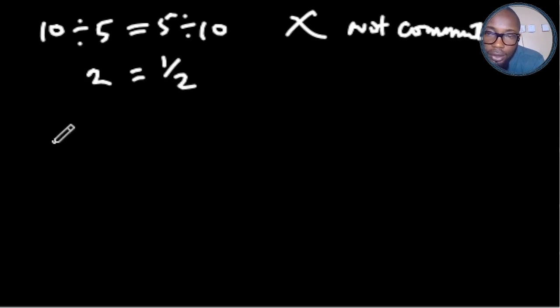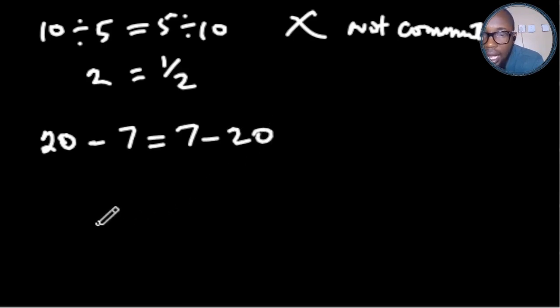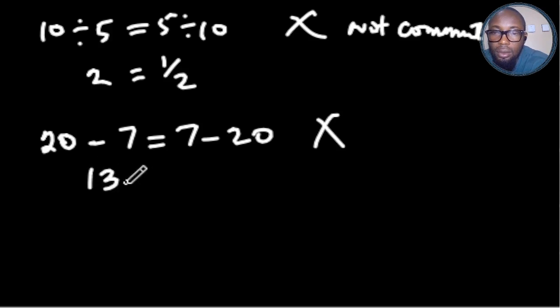Let's try subtraction. In the same vein, if I say 20 minus 7, I get 7 minus 20, they are not the same. This is wrong. They are not equal because 20 minus 7 will give us 13, but 7 minus 20 will give us negative 13.